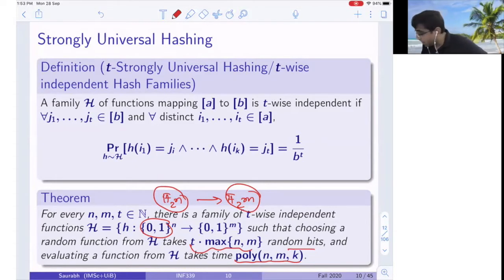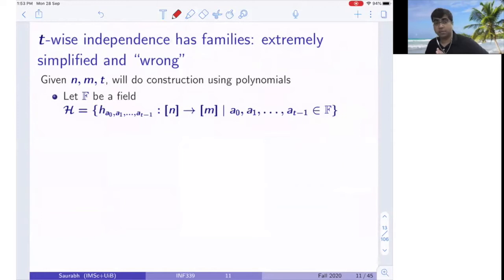So for all practical purposes, and let me be completely wrong, this is not how things are actually constructed. So given n, m, t, we'll do the construction using polynomials. So F will be a field, and my hash family function basically selects t values a0 to a(t-1), and it evaluates a polynomial with coefficients a0 to a(t-1).